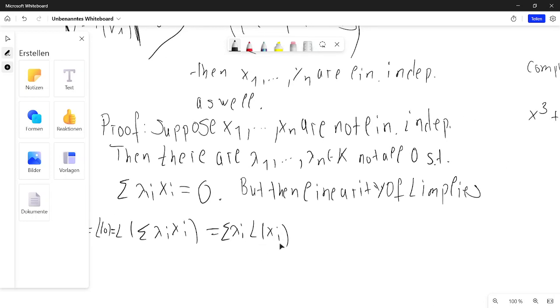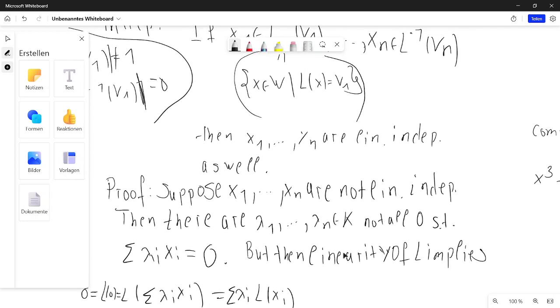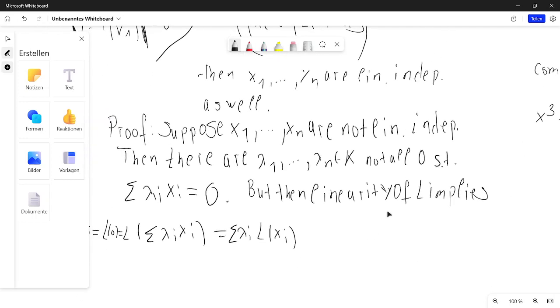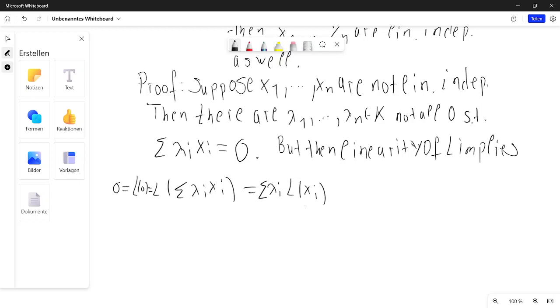And well, those will be images of those vectors v1 to vn, and so this is equal to vi, right? Just by definition of pre-image. So if xi is pre-image of vi, then the image of xi is vi, no matter how we choose our xi. If it is in the pre-image set, then this is just by the definition of pre-image.